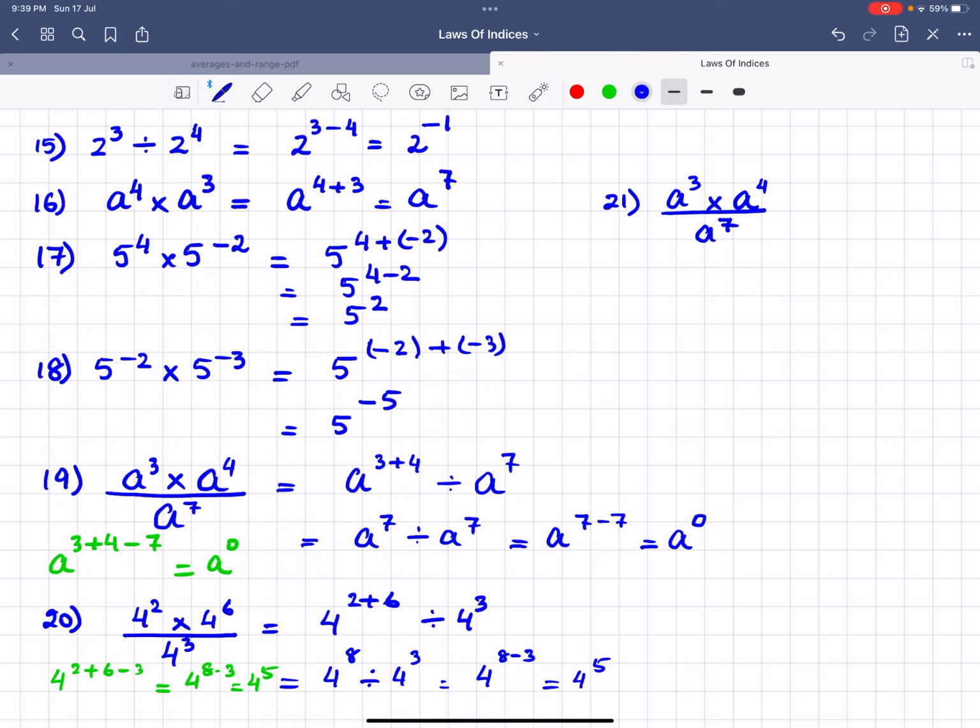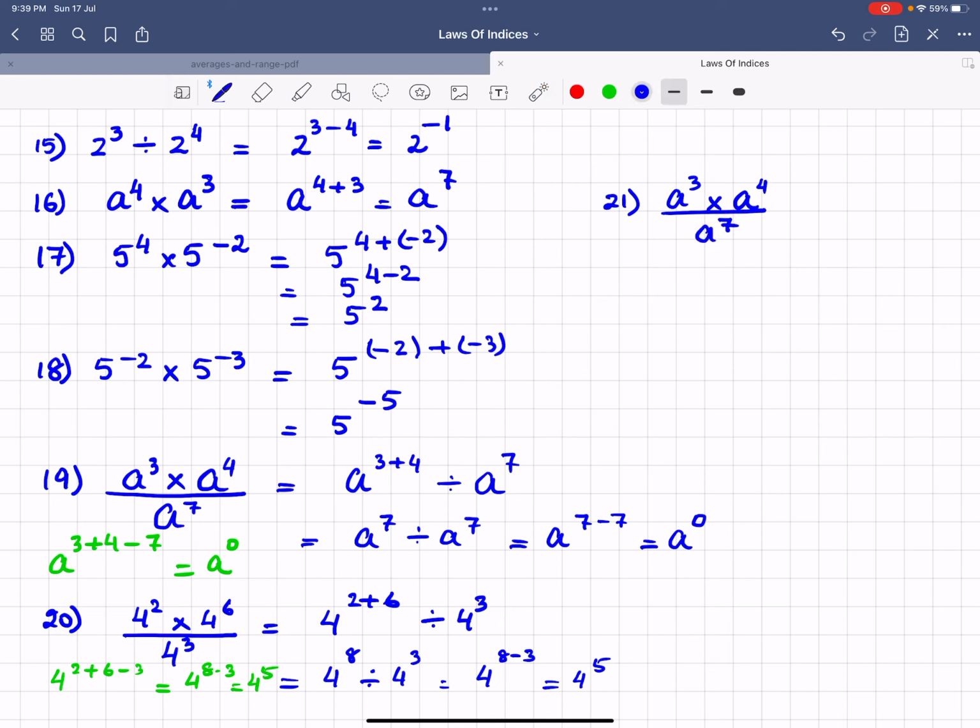So we can clearly see that the two bases which are multiplied are a to the power of 3 and 4. So the bases are a, and the powers that will be added will be 3 and 4. And since this a in the denominator has a power 7, the power 7 will be subtracted.